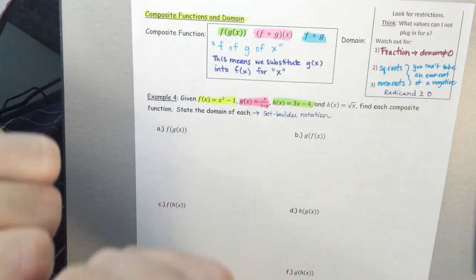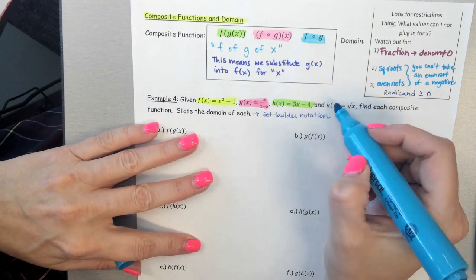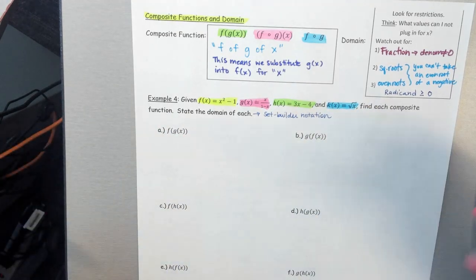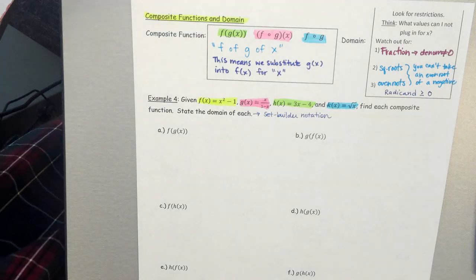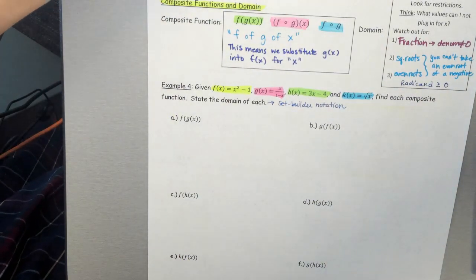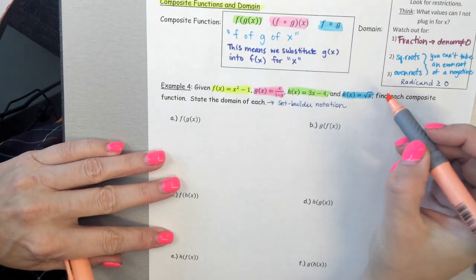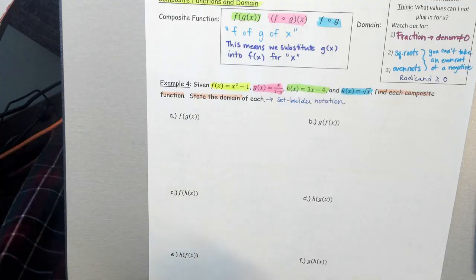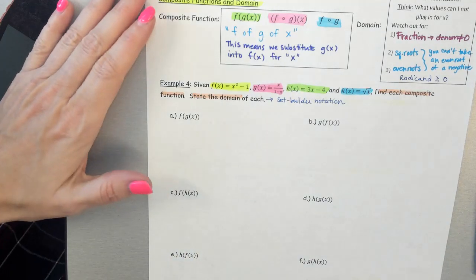Okay, and I'm just going to ask you to watch me with the first one, and I'll give you time to write it down. Okay, and then we are finding the composite, and we're stating the domain. So there's 2 different things that we're going to be finding here.